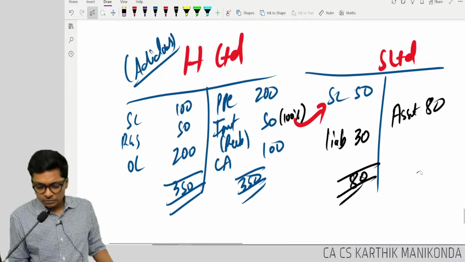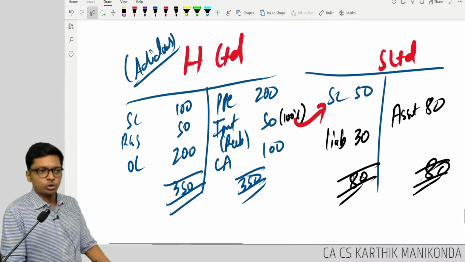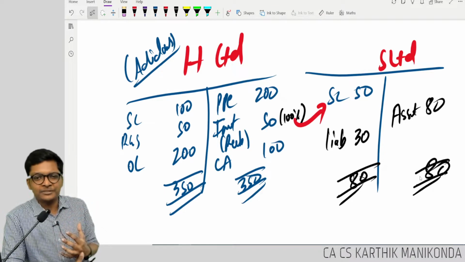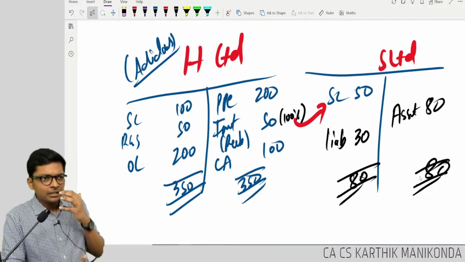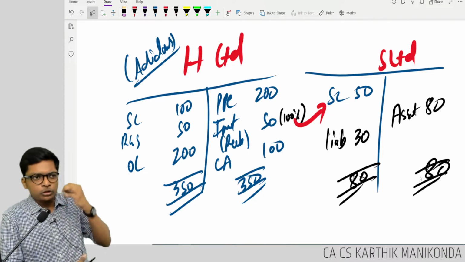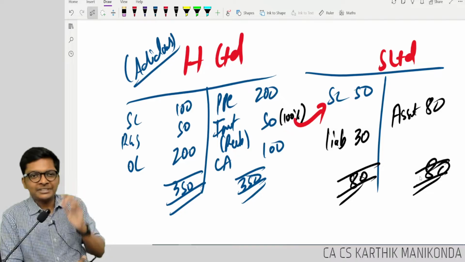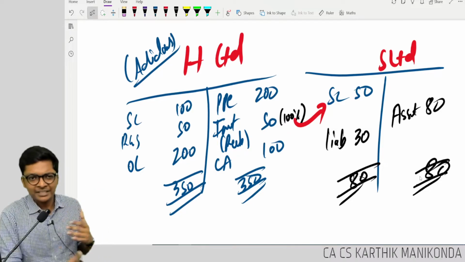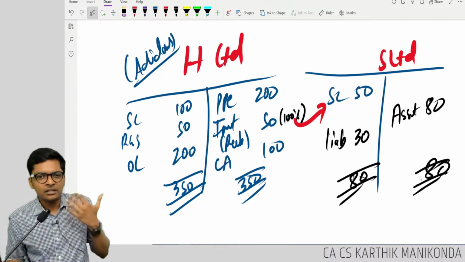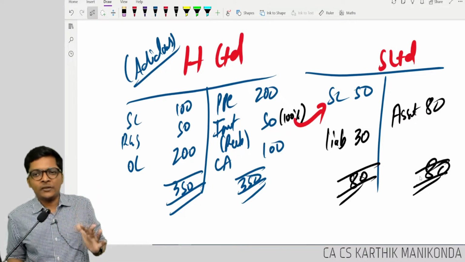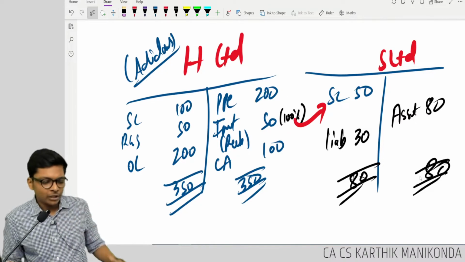This is how my subsidiary looks. I am not going to teach you what is a holding company and what is a subsidiary company in advanced accounting. Go to your law class. Everybody knows what is a holding and what is a subsidiary. Same definition. Controlling more than half of the voting power or composition of the board of directors of another company, I become holding.